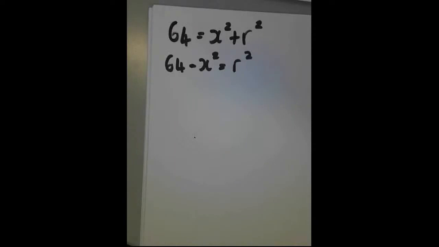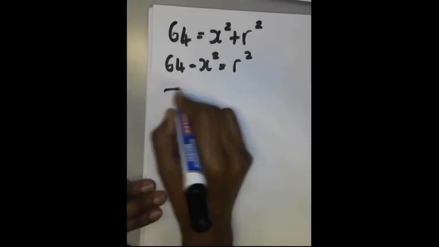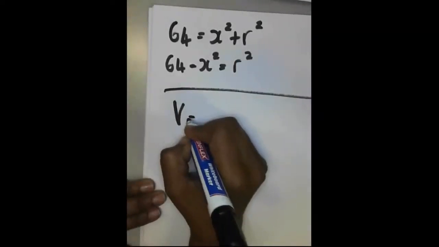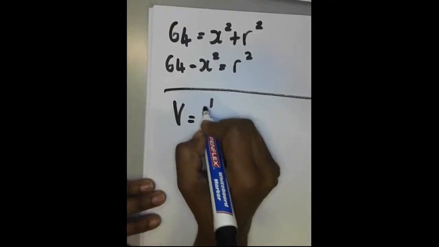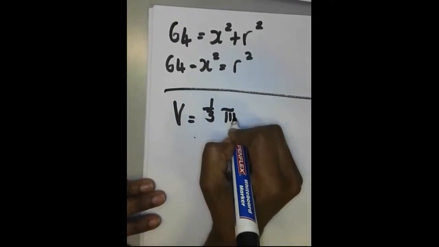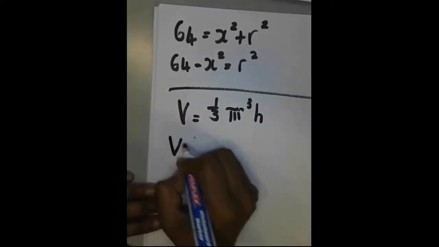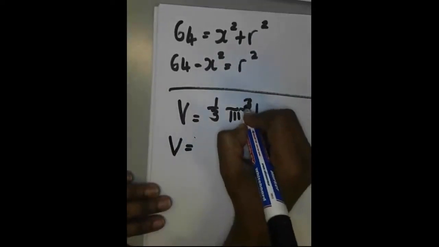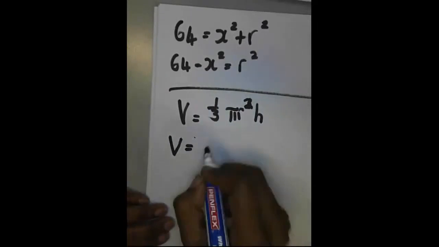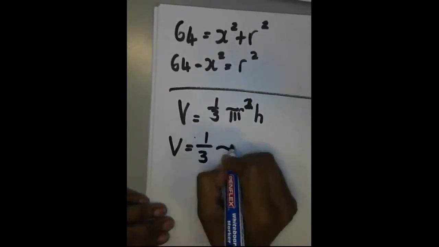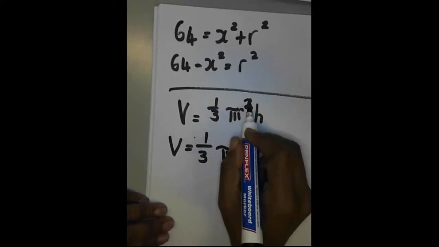Well, I have a formula for the volume. The volume of the cone is equal to a third pi r squared h. What is the radius squared in this case?